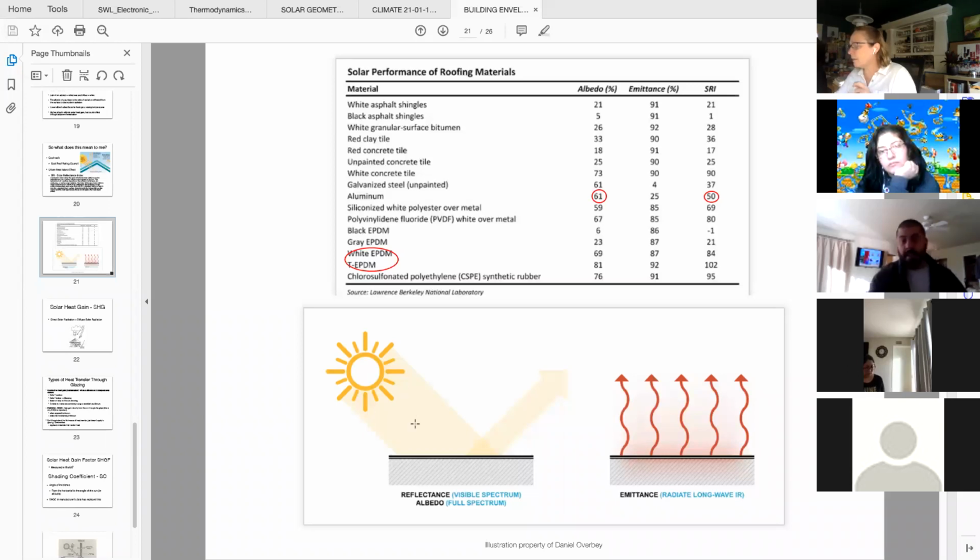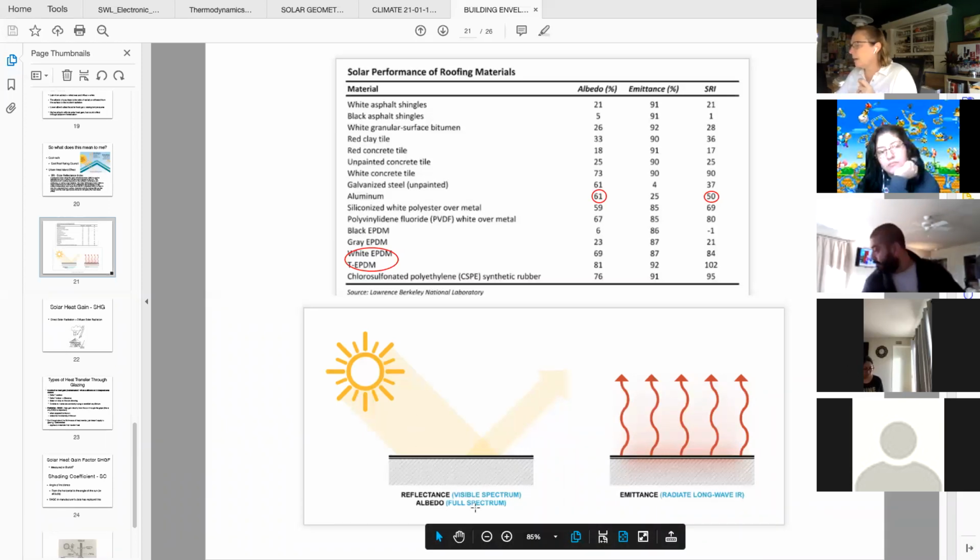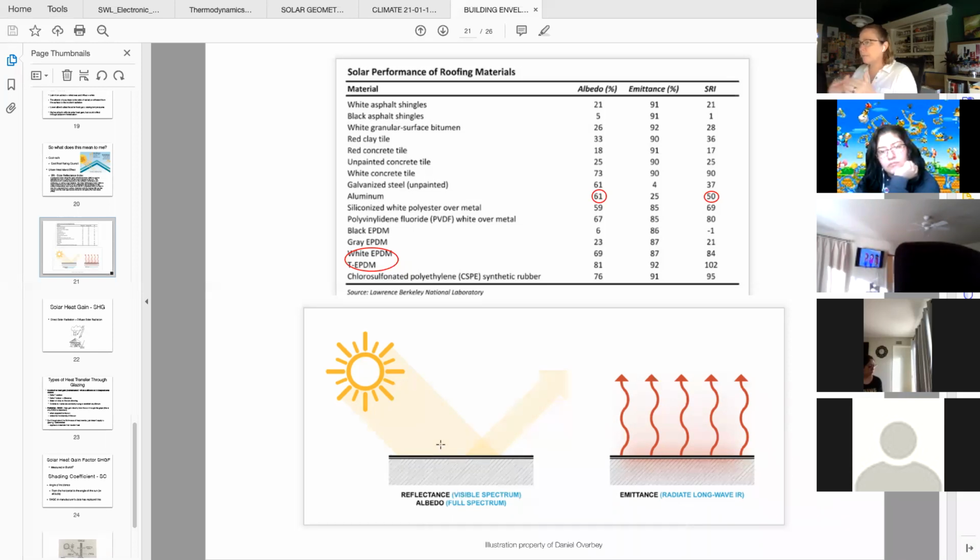This is kind of important to realize here, that reflectance is just referring to the visible spectrum of light versus the albedo, which is the full spectrum. So that gets into the other wavelengths of light, like UV and X-ray and all those other things, wavelengths that are not visible to the human eye.